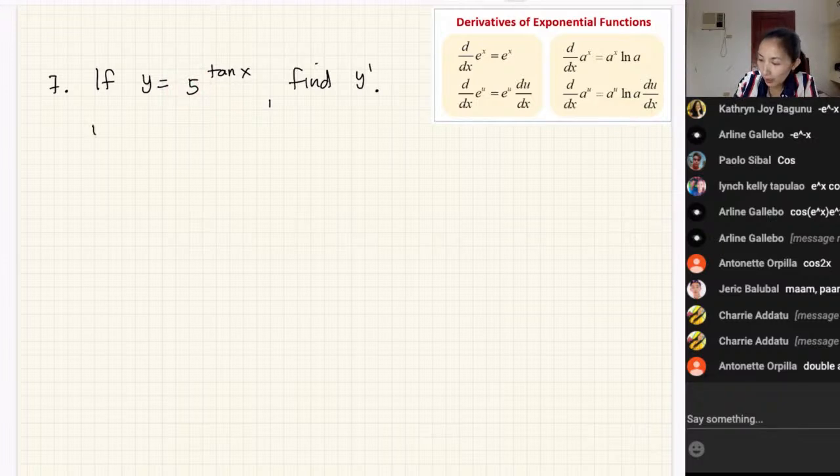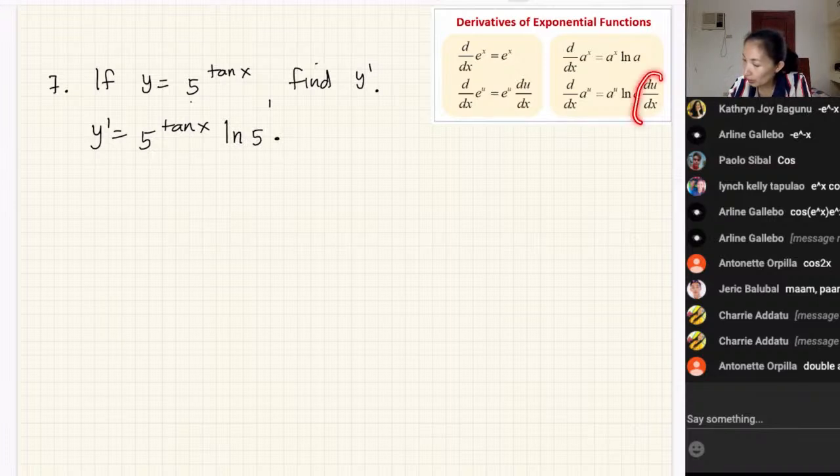Y prime will now be, from here, a to the u times the natural logarithm of a times the derivative of u. So y prime will be 5 to the tangent x, that's your a is 5, your u is tangent x, a to the u, times the natural logarithm of the base, so times the natural logarithm of 5, times, from your chain rule, the derivative of this.